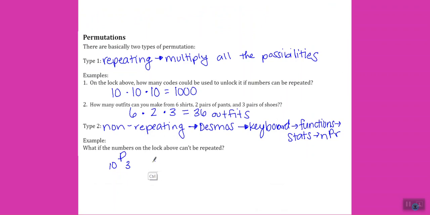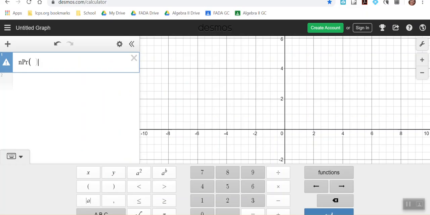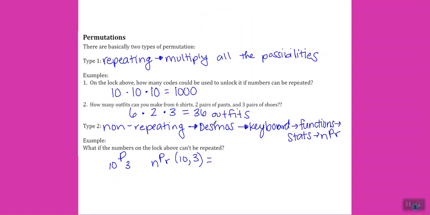So in this situation, NPR, the original number of possibilities, our 10, comes first, and then comma, the number we want to select, which is 3. So there are 720 possibilities.